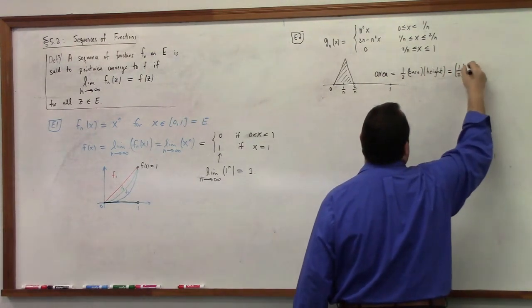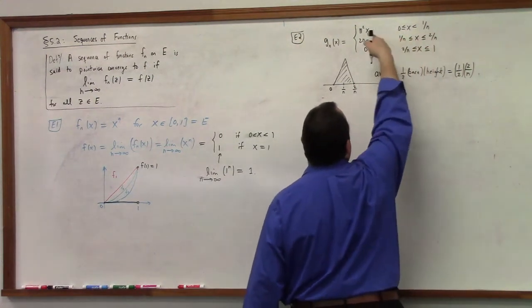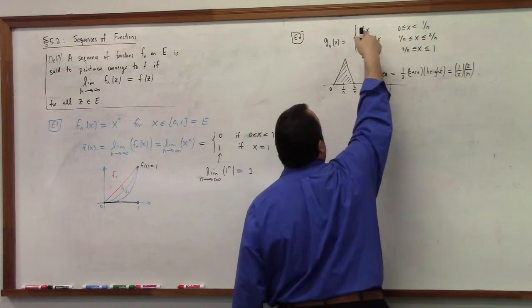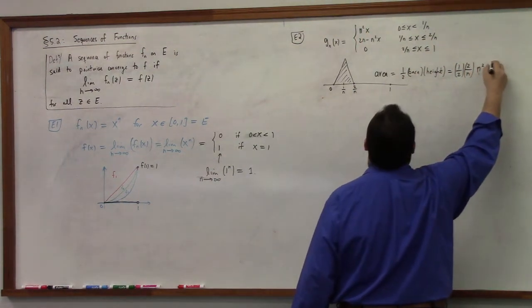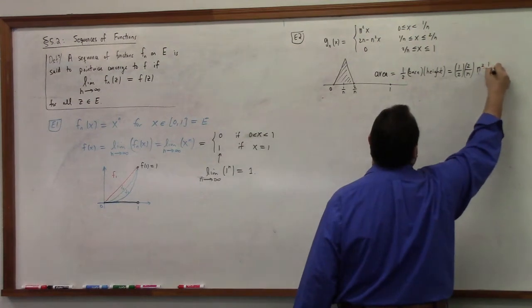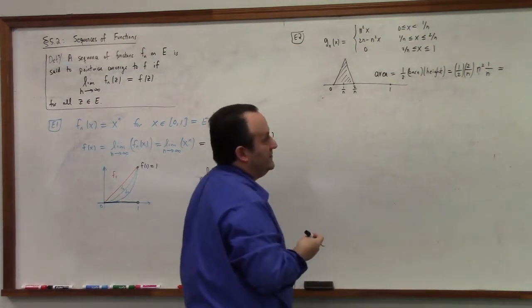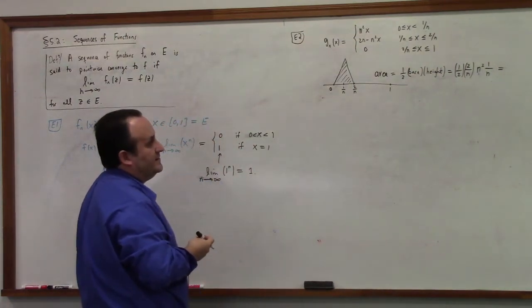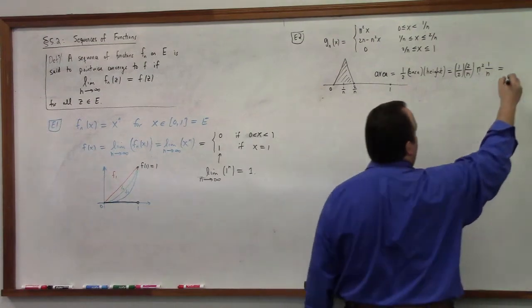And what's the height? The height you can figure out by plugging the gluing point into either formula. So n squared times 1 over n, right? So what do you got there? The 2's cancel, and so do the n squareds. The area is 1.